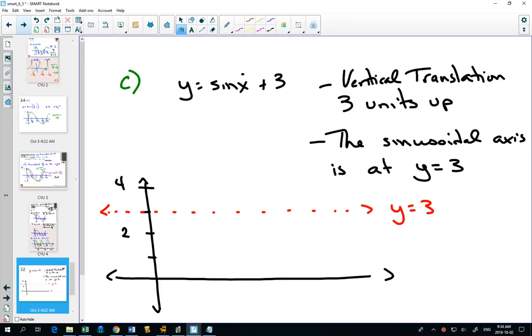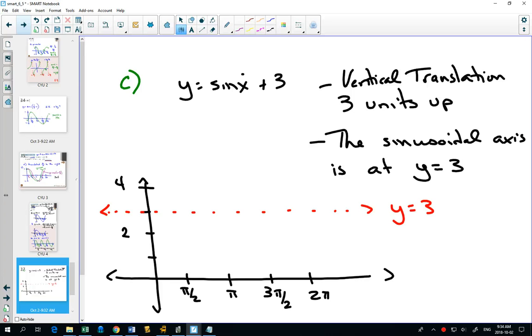What's our period in this case? Well, the b value is 1, so your period is 2 pi. Mark 2 pi, divided into 4 equal sections. So this is just your axes family. And now we can draw our graph.